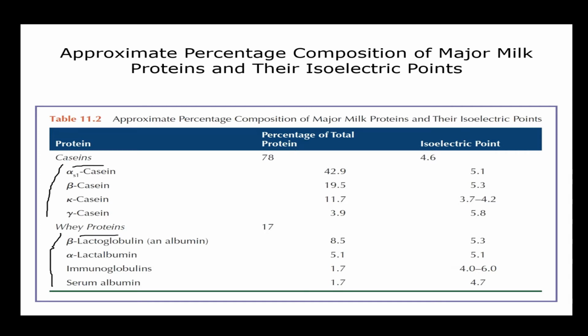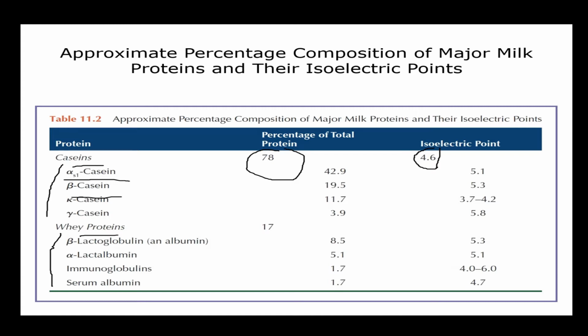Casein protein includes alpha casein and beta casein, which form about 78% of total proteins. It has an isoelectric point at 4.6, where it coagulates and forms curd, leaving out the whey protein.